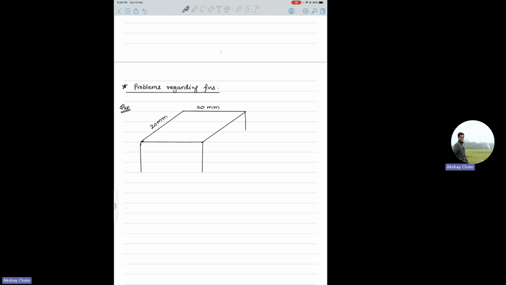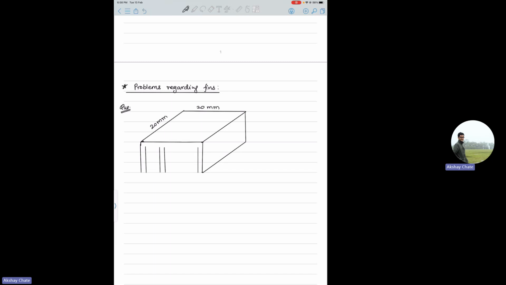This will be the same in the third direction. So you have fins like this. I'm not drawing all of them because it will take a lot of time, but you get the idea, right?